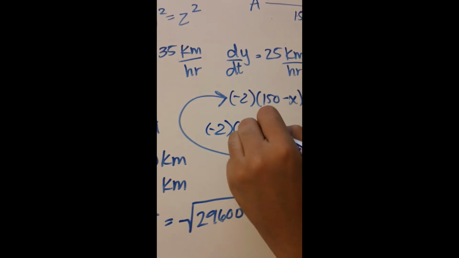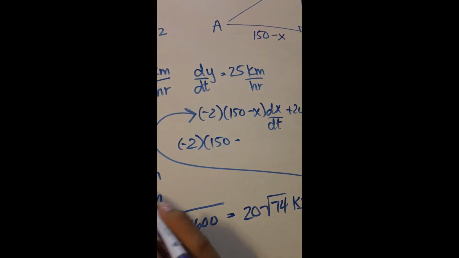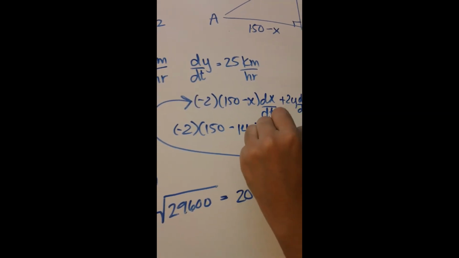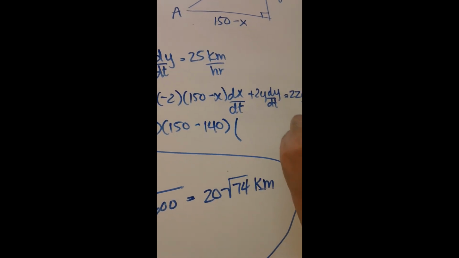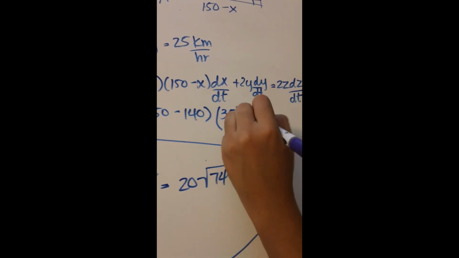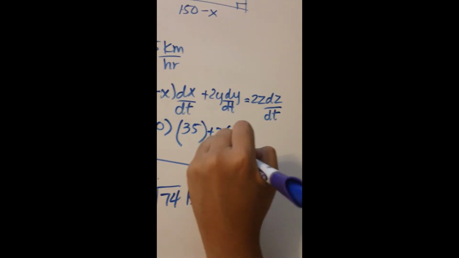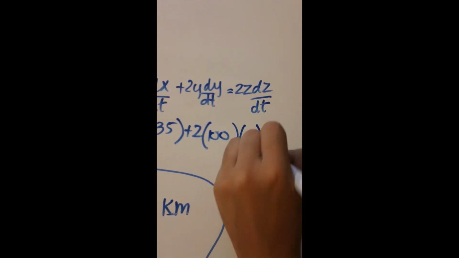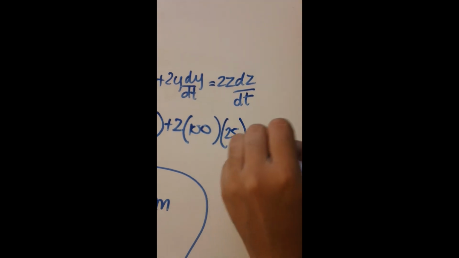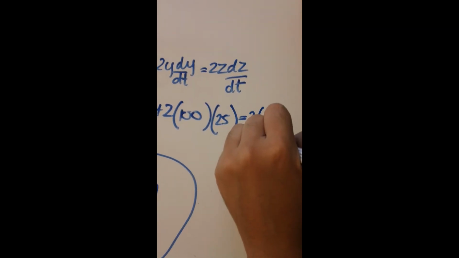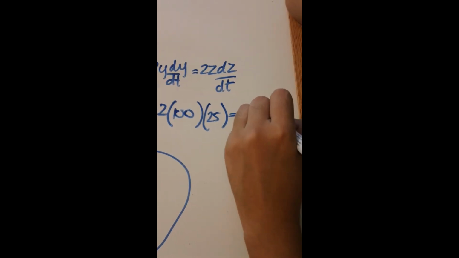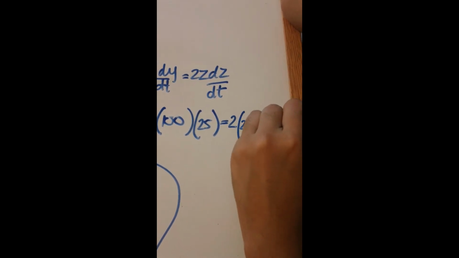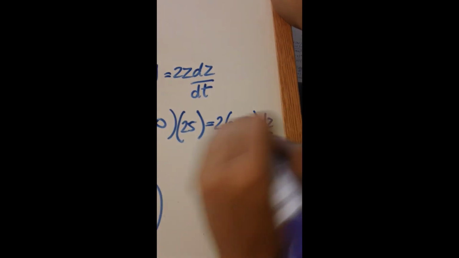It's -2, 150 minus x, which was 140, dx dt was 35, plus 2 times the y, which was 100, times 25, and that equals 2 times 20 square root of 74 dz dt.